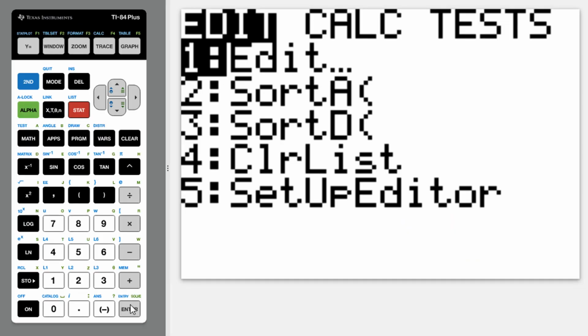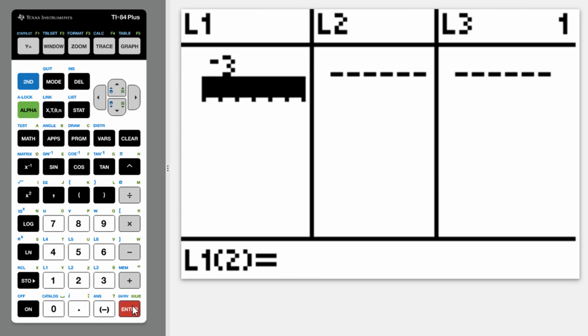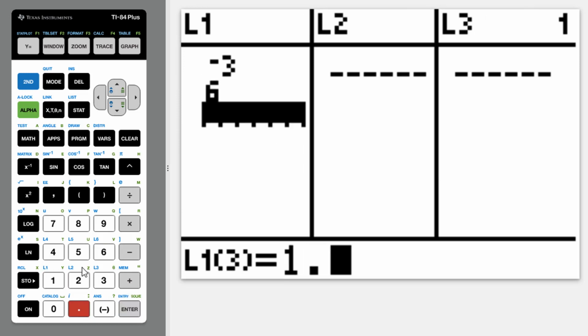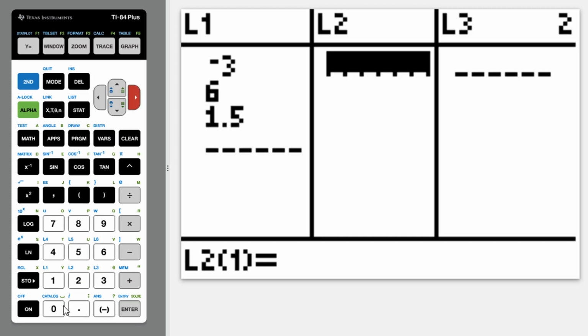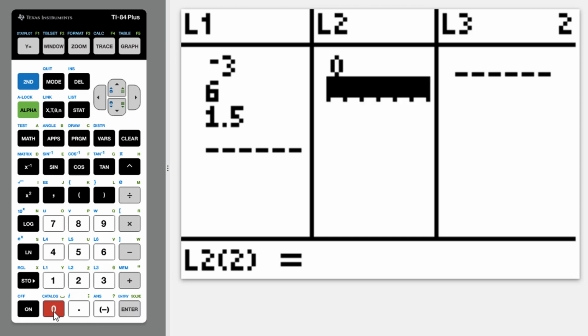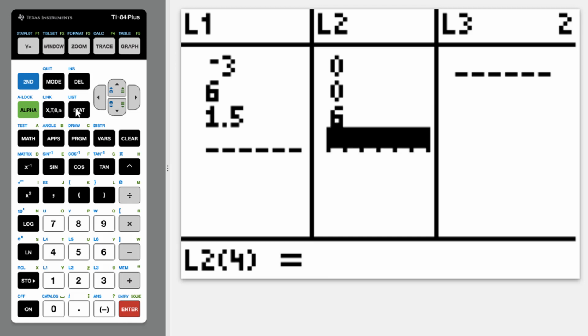So go to stat. You will get -3, enter, 6, enter, 1.5, enter, 0, enter, 0, enter, 6, enter.